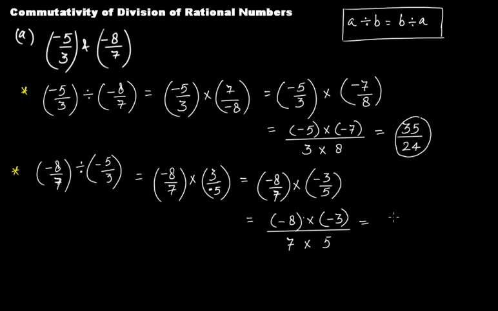Minus 8 times minus 3 means that you are multiplying two negative integers, therefore the result will be positive. So simply 24 over 35. So in this case we are getting 24 over 35, and here we have got 35 over 24. Clearly these two are actually not equal. So this condition doesn't get satisfied.